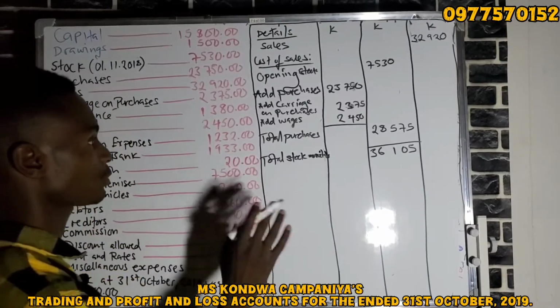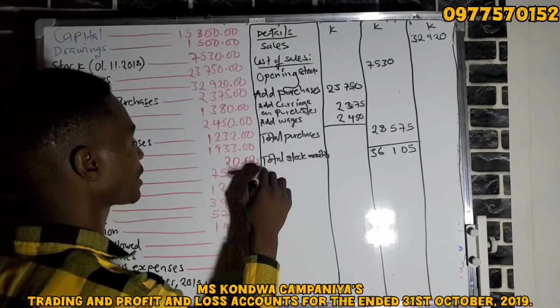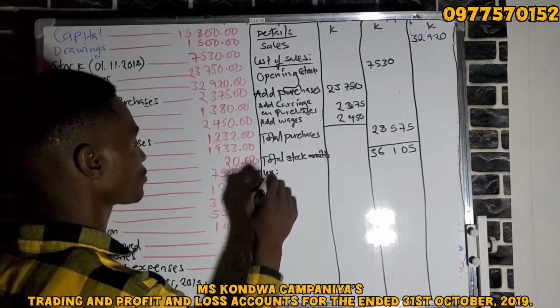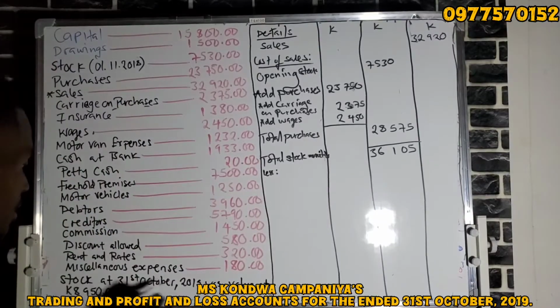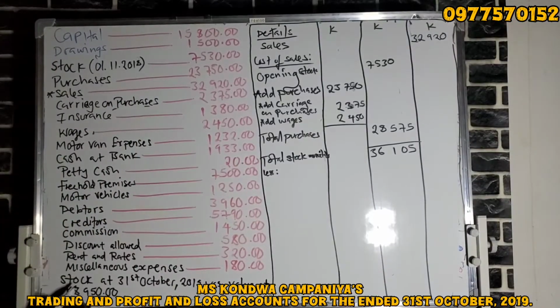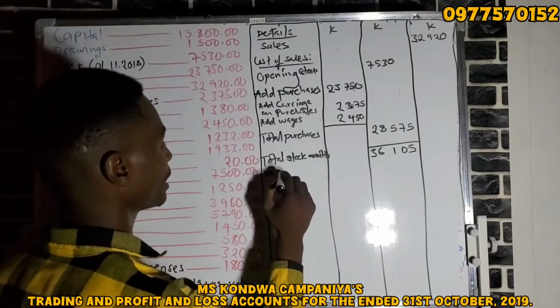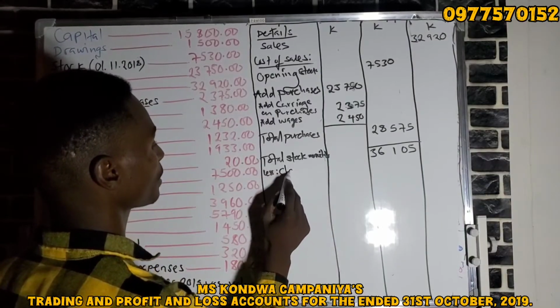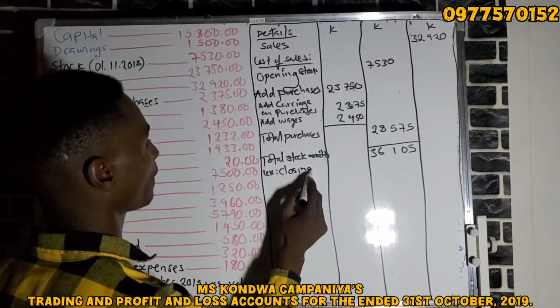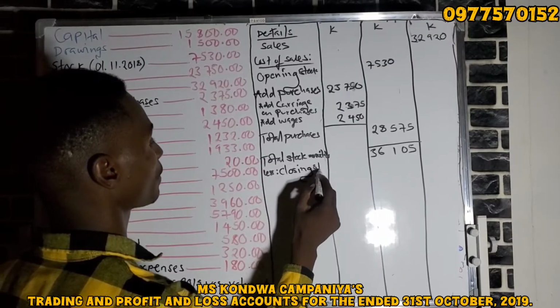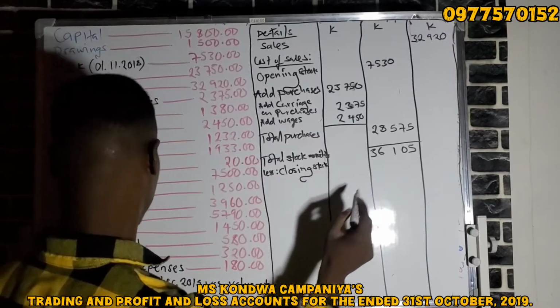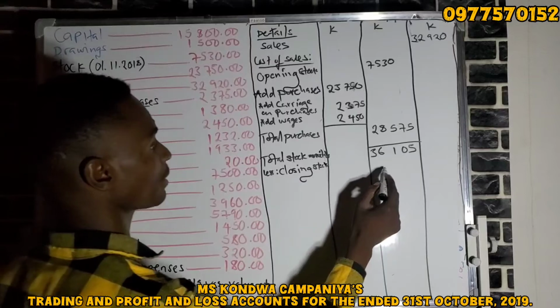Now, to the total stock available, we are going to subtract the closing stock. This is the closing stock here. The closing stock is 8,950.